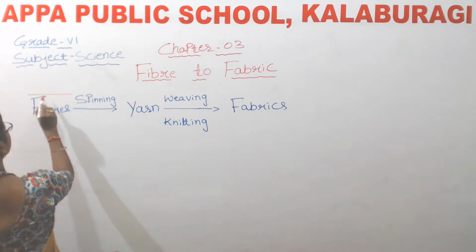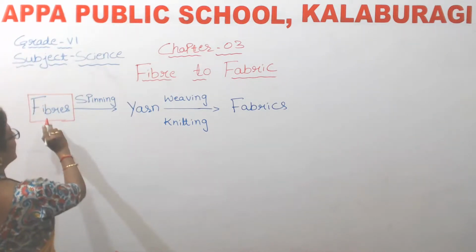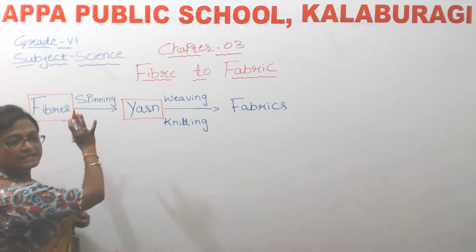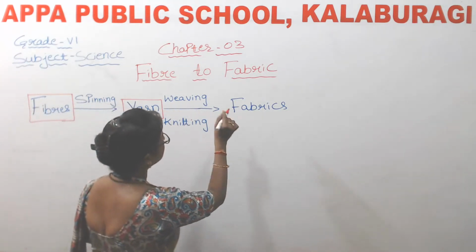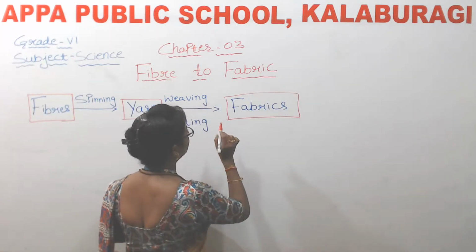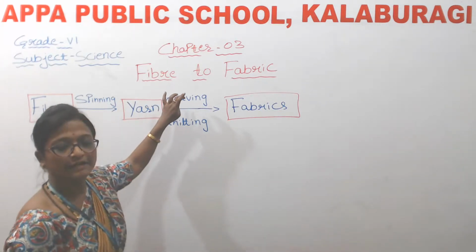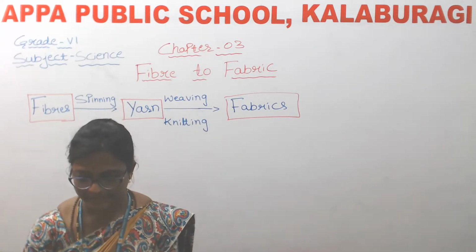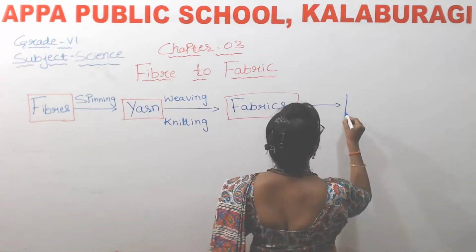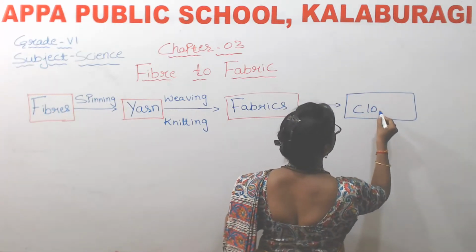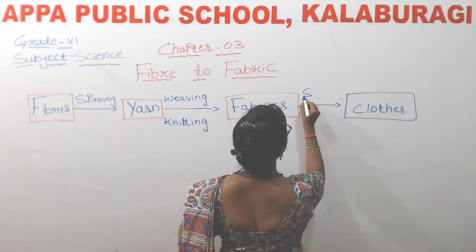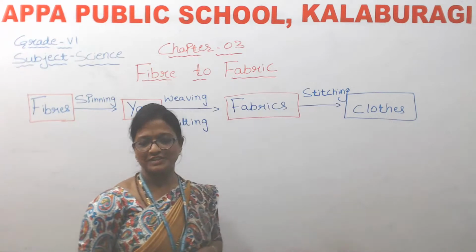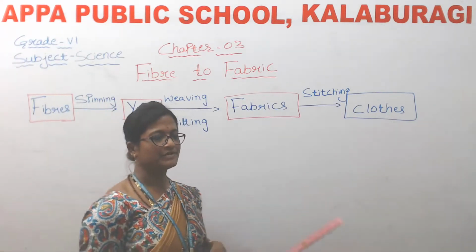So fibers are converted into yarn by the process of spinning, and again yarn are converted into fabrics by the processes of weaving and knitting. And now the fabrics which we get are further converted to clothes by stitching, isn't it?